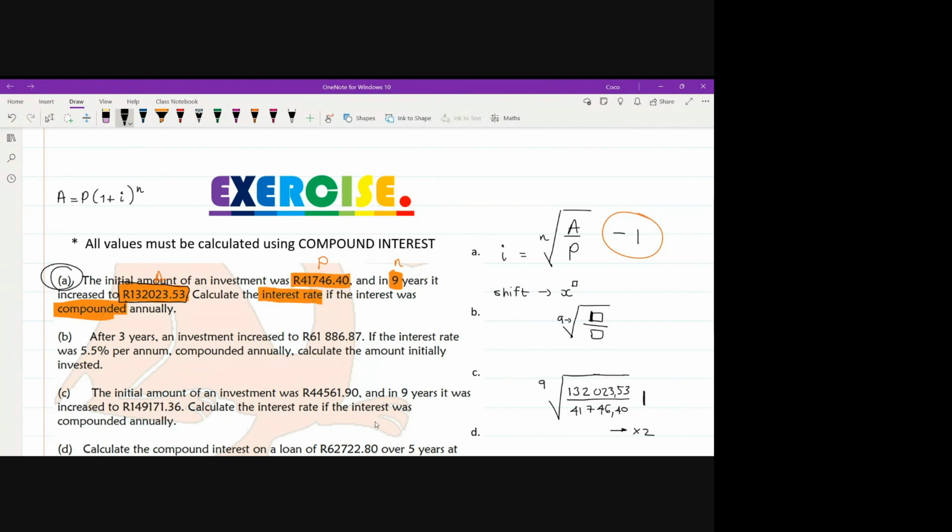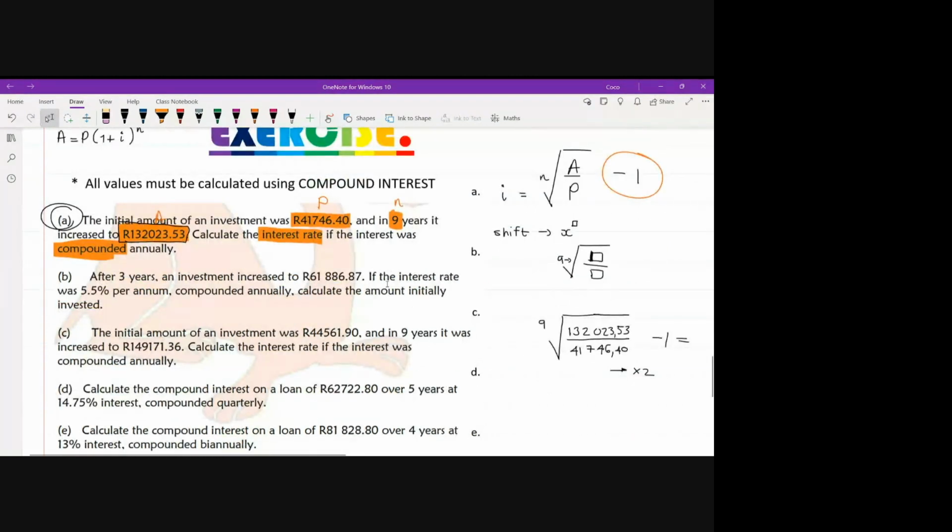Give me a thumbs up once your calculator is blinking on the correct part. Once you've done that, then click -1. And then you can click equals. -1 equals. And then give me the answer. It's going to be a decimal. It's going to be 0, something, something. Okay.